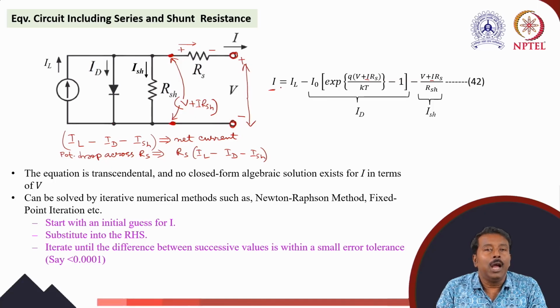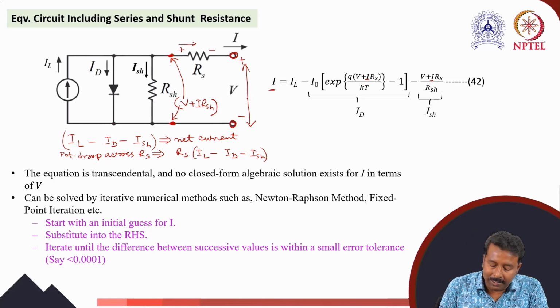So we have to reach a condition where whatever I we assume and put in the right hand side, the same result should come for I on the left hand side. That means if we assume, say, I is equal to 2 milliampere, after calculation in the right hand side, I should also come out as 2 milliampere. Then you can say this solution is okay. In this way, by initial guess and following some iteration, step by step, you have to reach the solution.